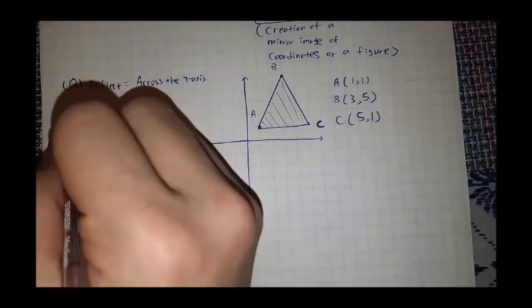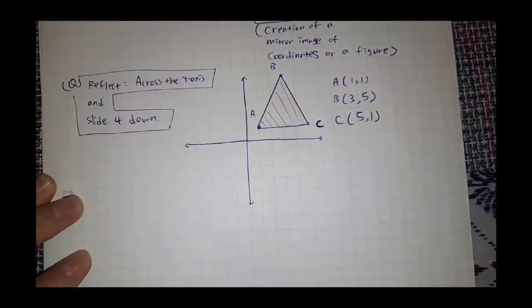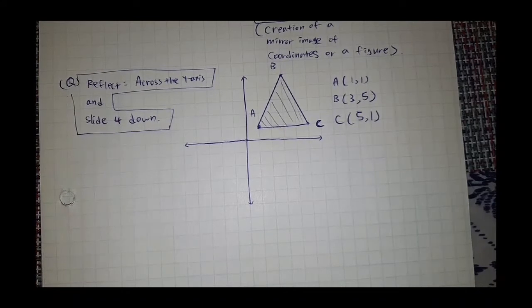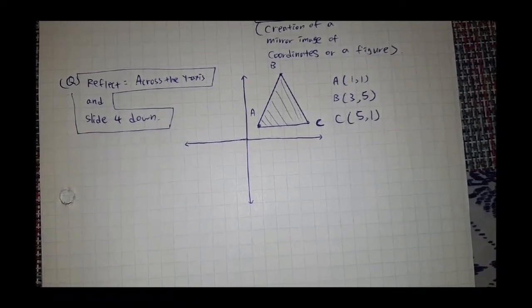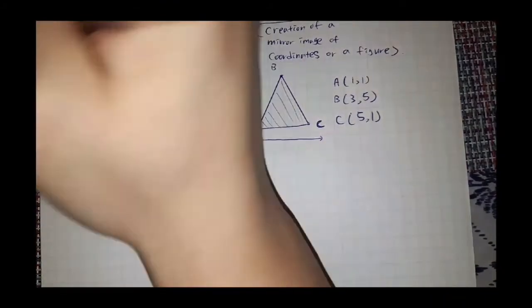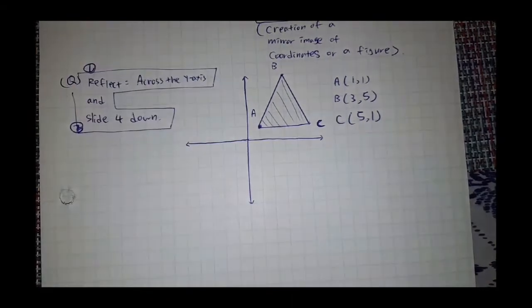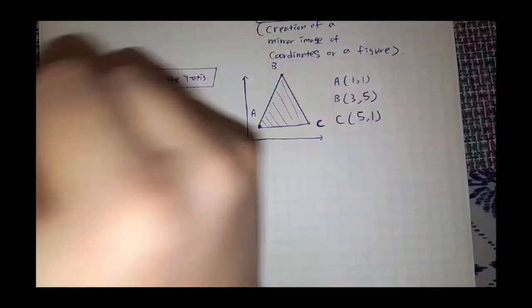Imagine you have a condition like this. Reflect the image across the y-axis or about the y-axis and slide 4 down. So we have basically two conditions going on in here. First is reflection, second is translation, and the direction is shown below.